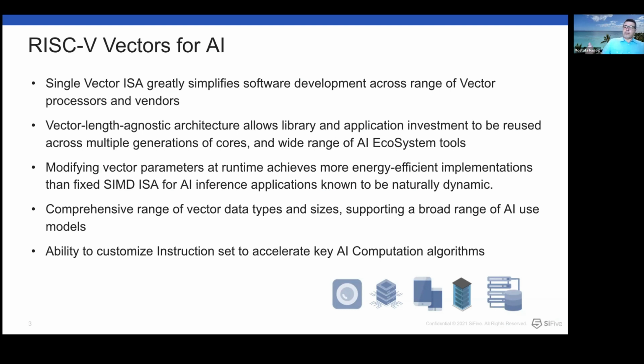The RISC-V vectors, in addition, allow you a comprehensive range of data types and sizes. And this is important because not everything is going to be quantized, not everything is going to use int8. Floating point and other data types are also important, and you can see that available in the RISC-V vector ISA.